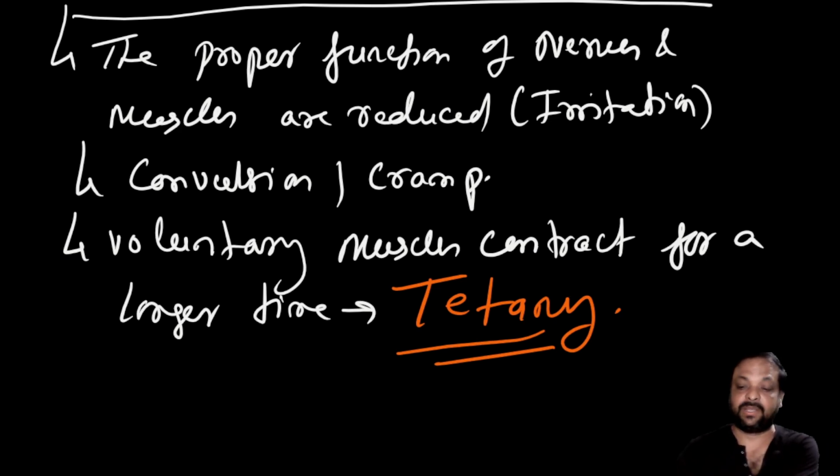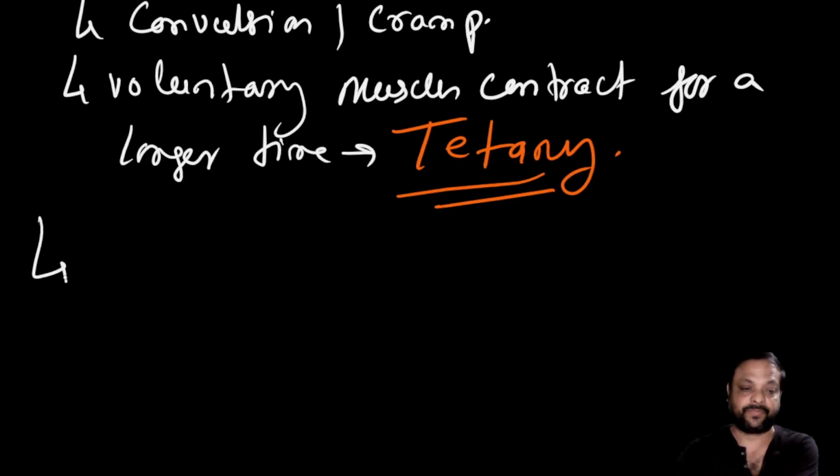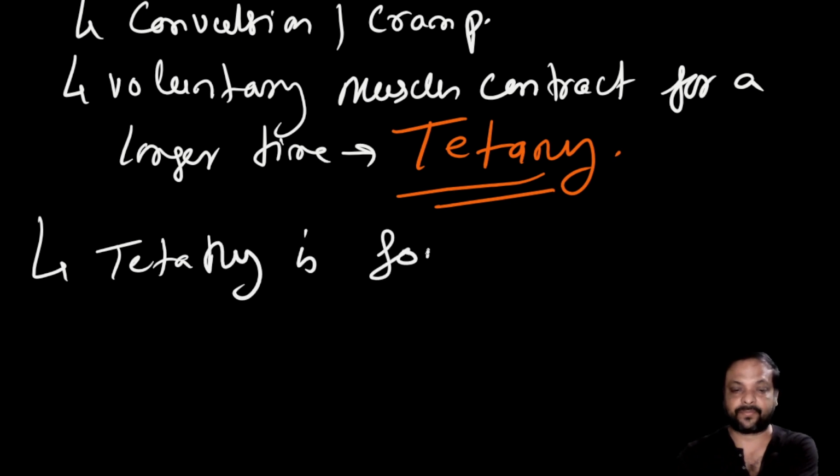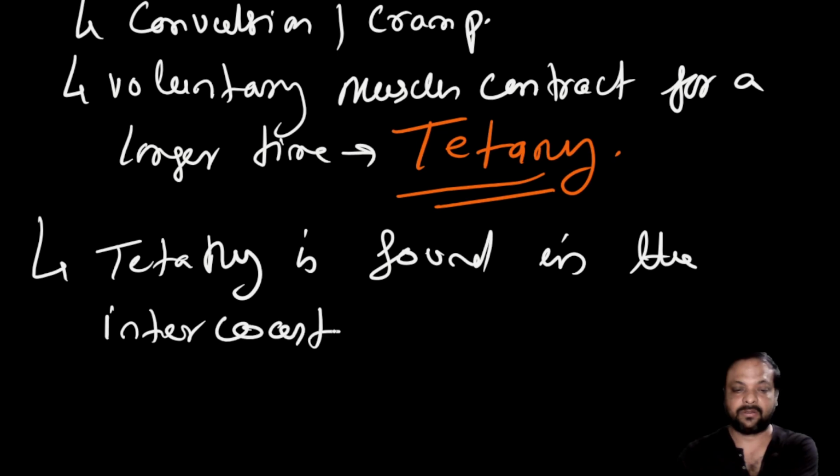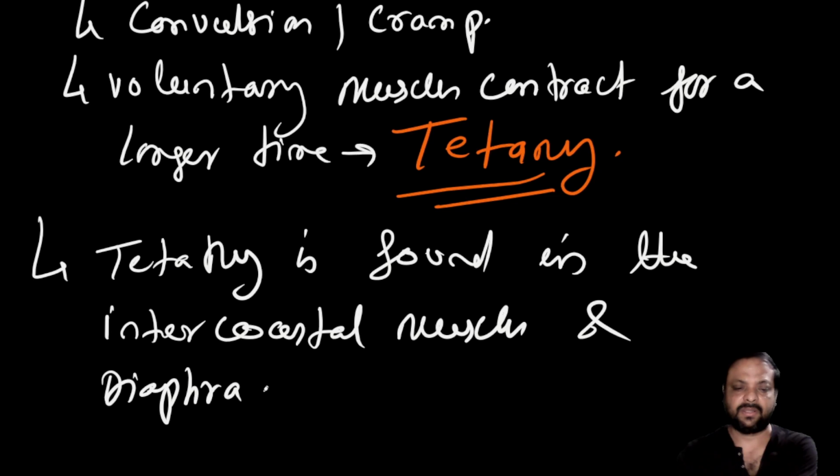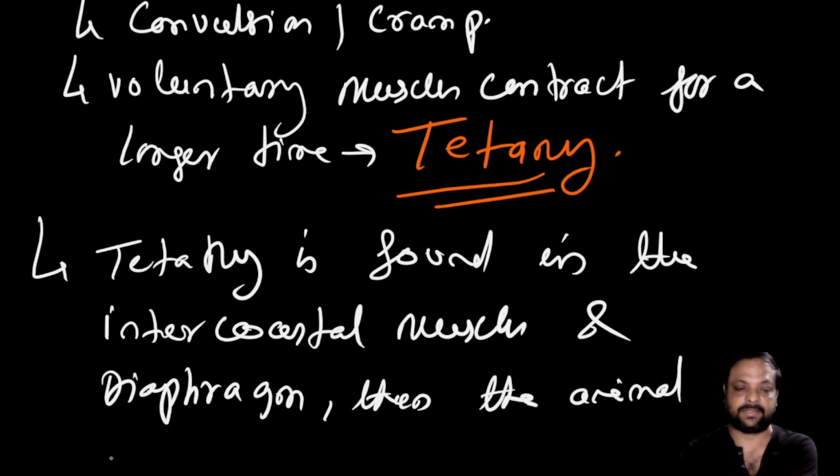For example, if tetany is found in the intercostal muscles and diaphragm, then the animal dies, because once they are contracted for a longer time, they will not relax.